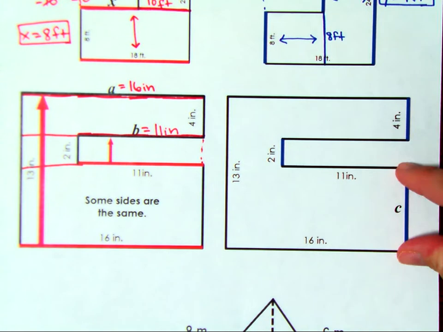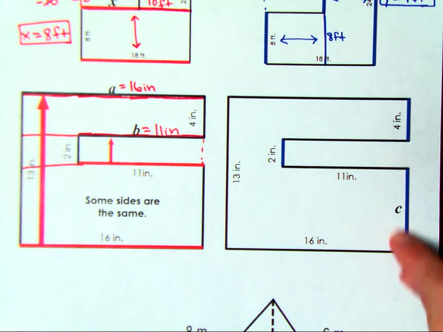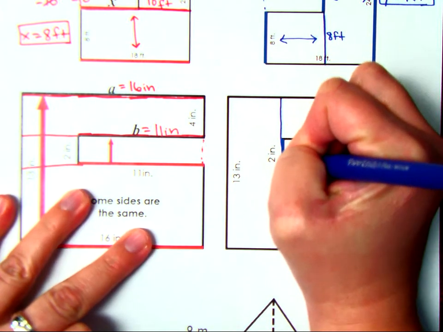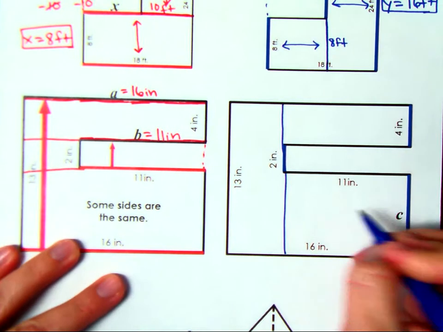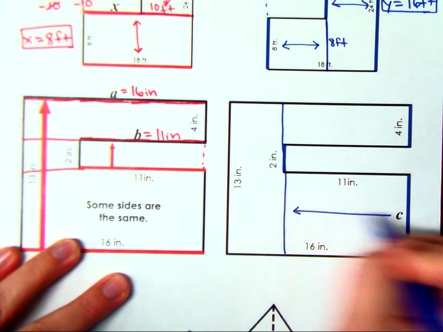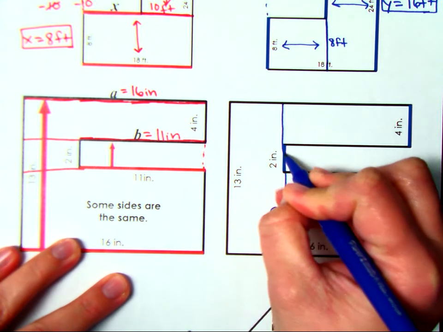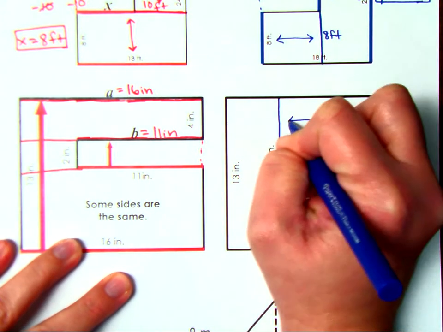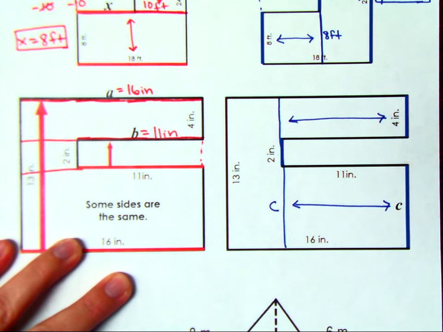Then if we want C, well, C is vertical, up and down, so that's why we're going to make our vertical lines. All right, so C is equal to this amount right here. We know this part's 2 inches. Well, here's another rectangle, opposite sides parallel and congruent.